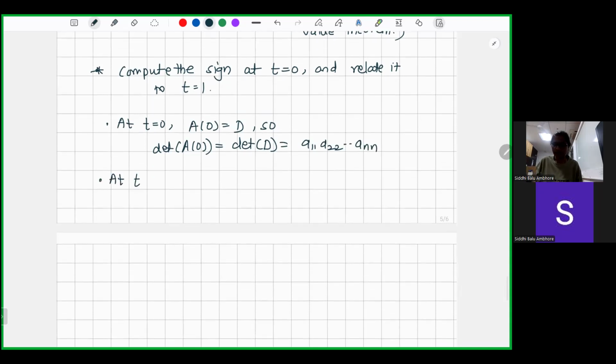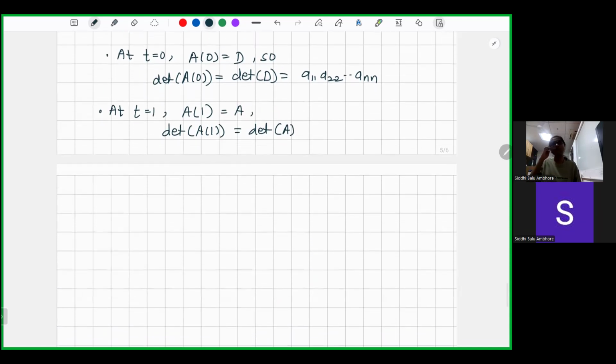Now at t equal to 1, A(1) will be A. So determinant of A(1) will be determinant of A, and that's it.